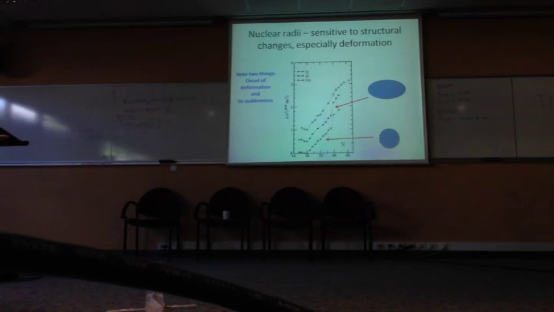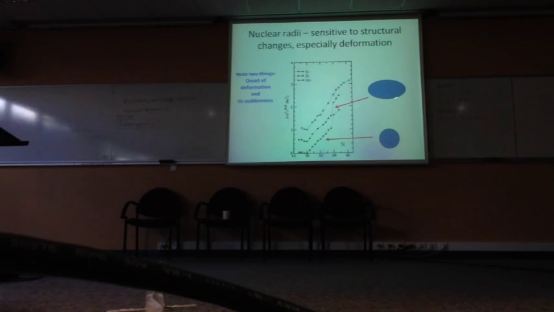Okay. Nuclear radii are another measure of structure. And I won't talk about these very much, but this just gives an example of the difference in radii from one nucleus to the next, or relative to a magic number. And you see the typical trend is just a linearly increasing pattern. As you add nucleons, the nuclei get bigger. But then in some places you see big jumps.